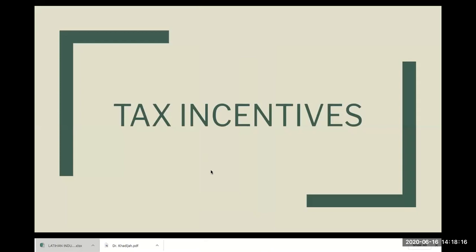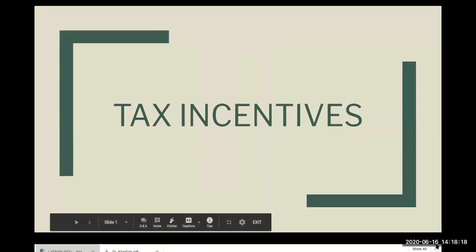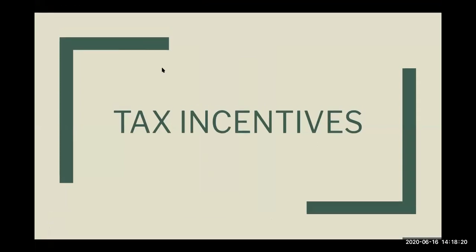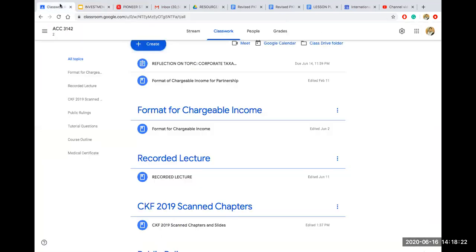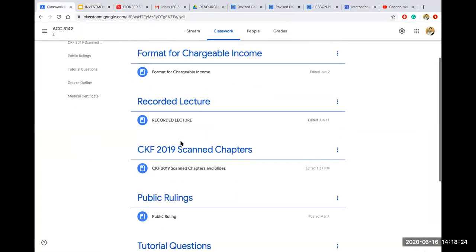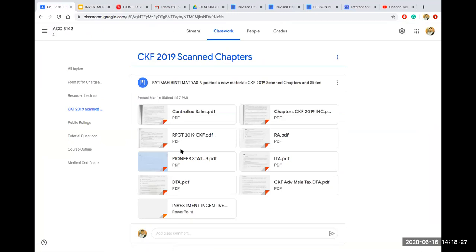I have shared with you the textbook chapter on pioneer status. You can see in your Google Classroom, under the scan chapter, pioneer status is here.